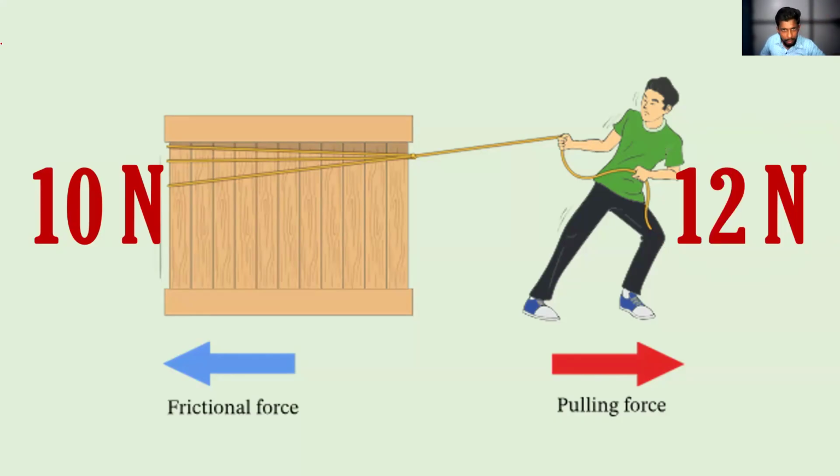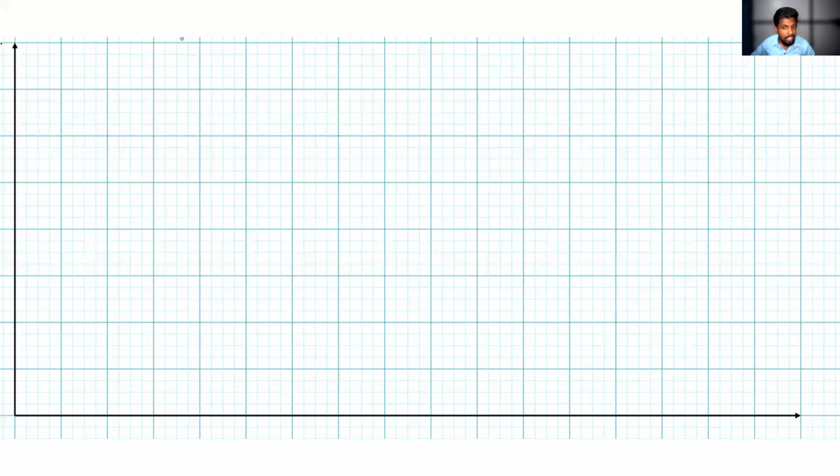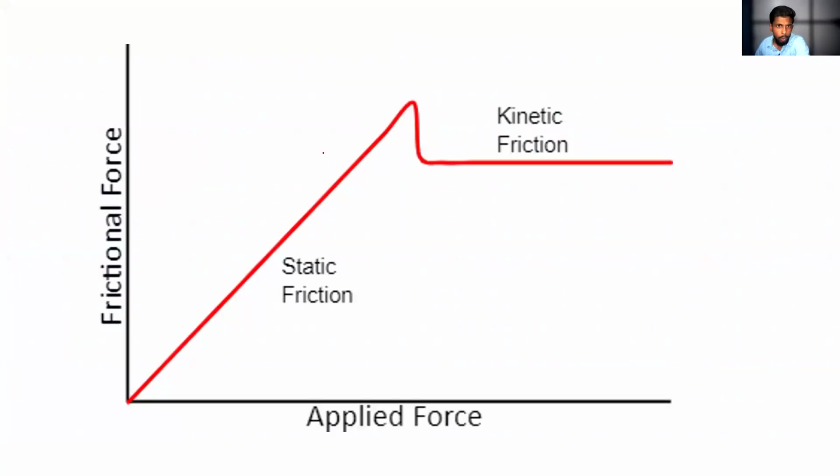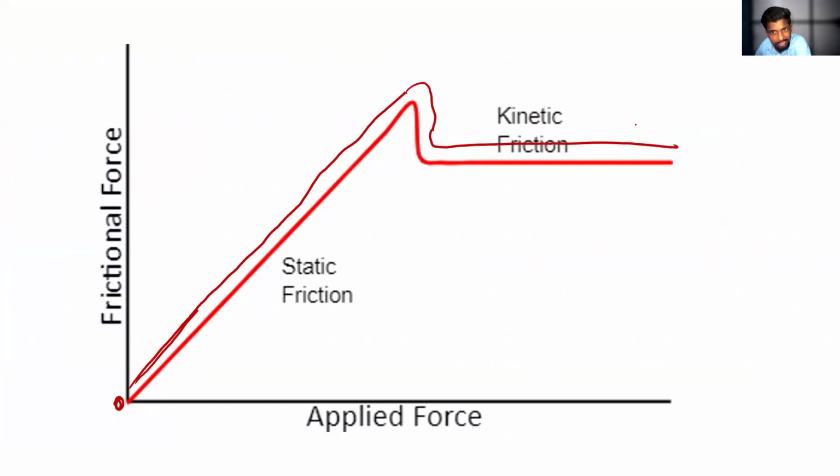So you may remember the graph. The frictional force will increase from 0, 1, 2, 3, up to 10, and there will be a small drop, and it will remain at a uniform, constant value. So now check the answer.